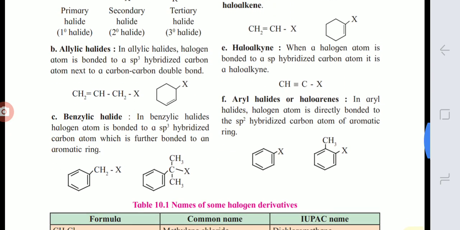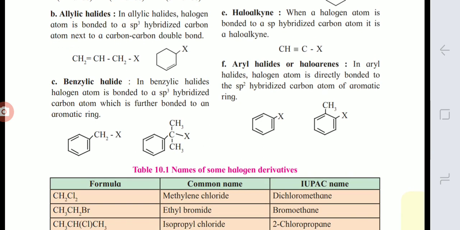Then in the next class, benzylic halide, your halogen is bonded to again an sp3 hybridized carbon. Okay, so let us check the compound. The benzylic carbon is similar to the allylic one, but there is an aromatic ring in benzylic halide, and in allylic halide, if it is a ring, then it is non-aromatic.